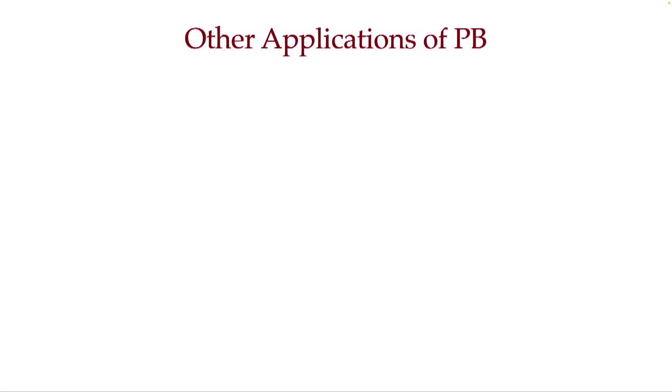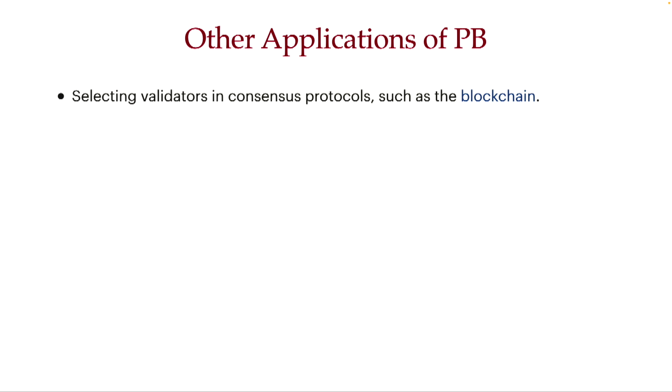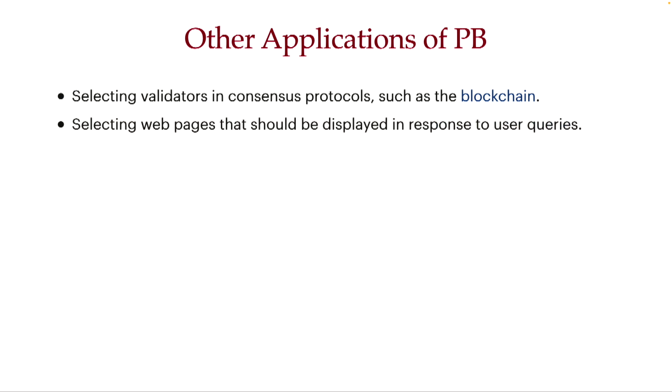Other applications of PB. If you work in these domains, then you can maybe understand on your own what these applications are. I do not know much about blockchain and all, but there are applications, and the PB community is also looking at these things from the blockchain perspective. As in Google auctions, ranking and all those things, we know that money is involved.